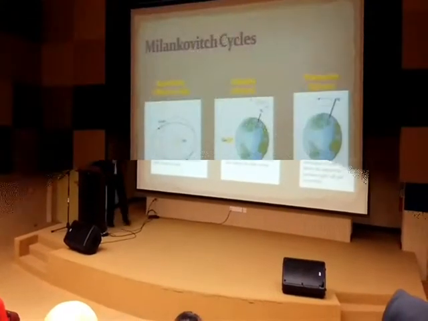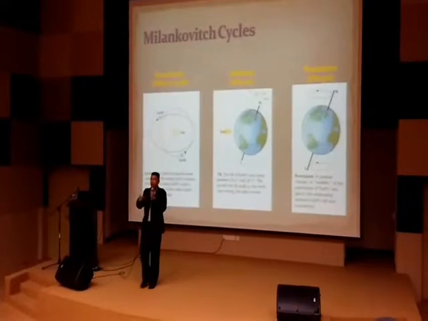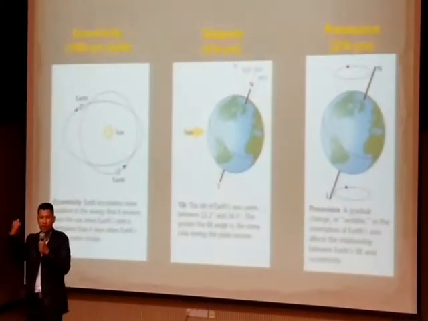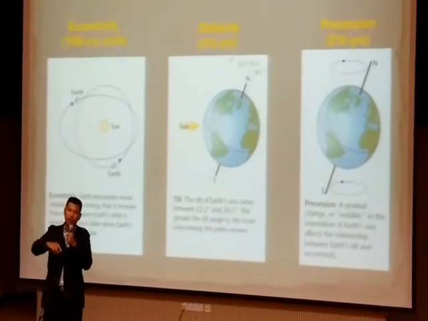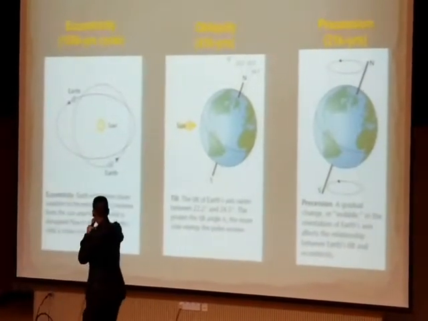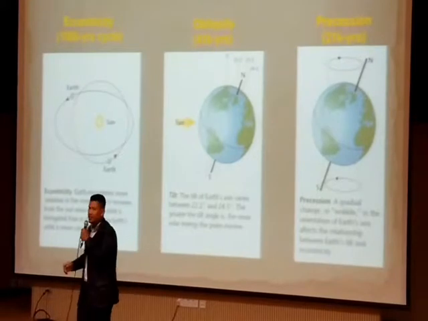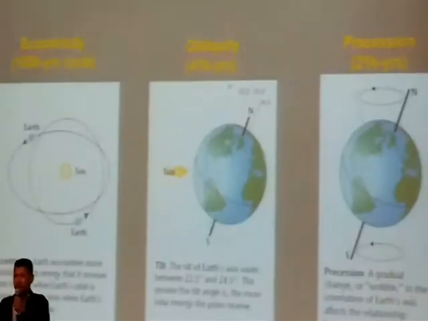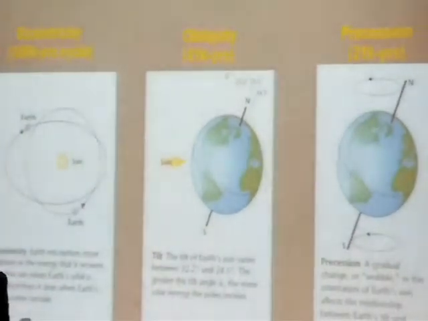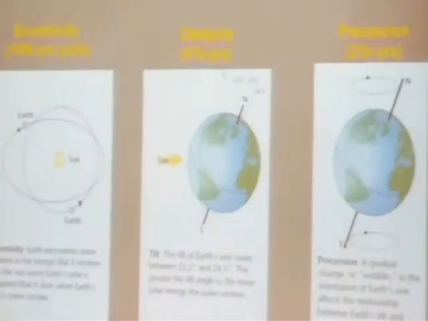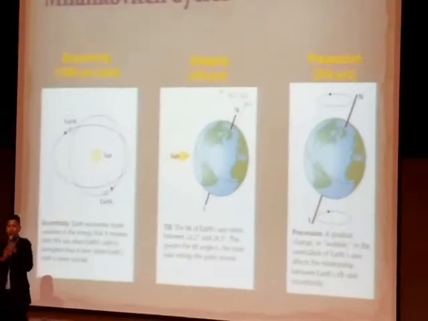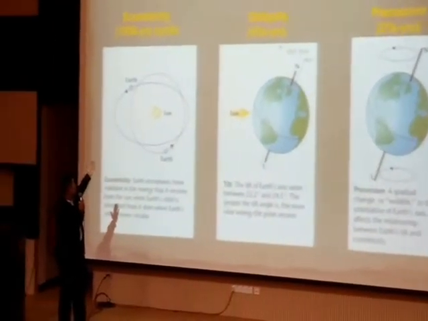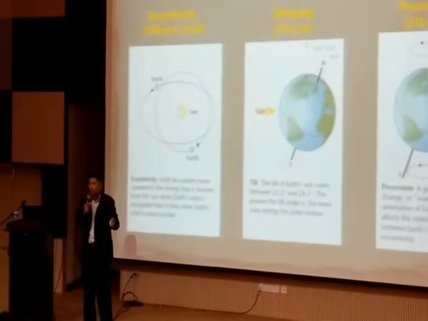Okay, it's like world changes or climate changes, even in modern or paleo, they will know about these terms: eccentricity, obliquity, and precession. This is like how the Earth moves. For the eccentricity, it takes about a 100 kilo-year cycle.